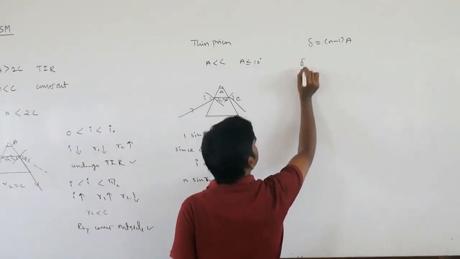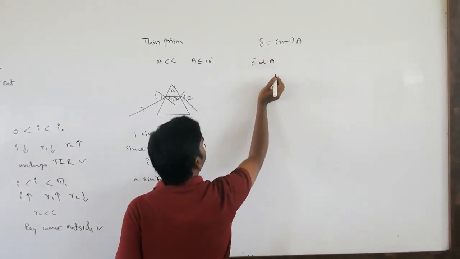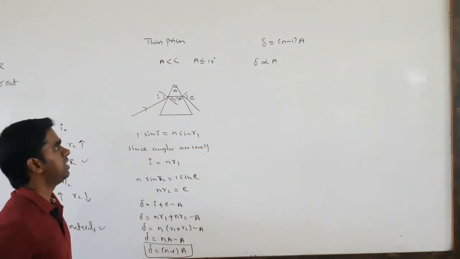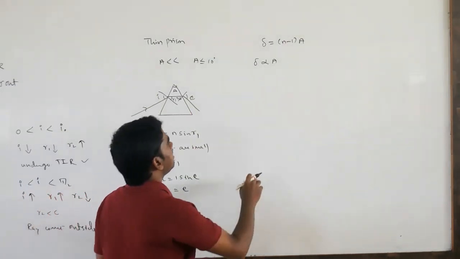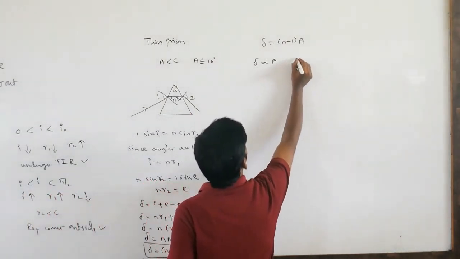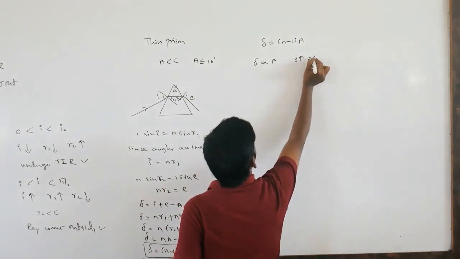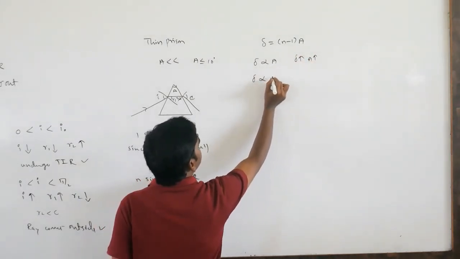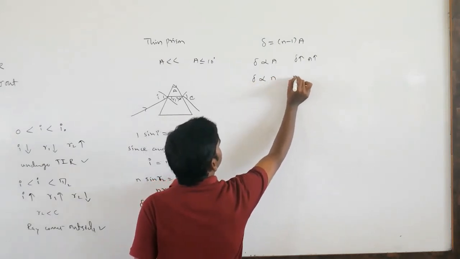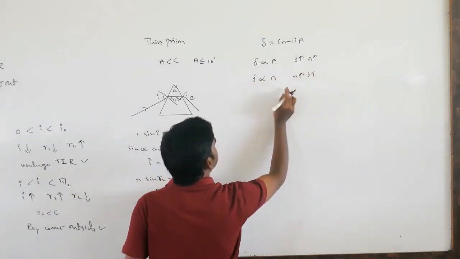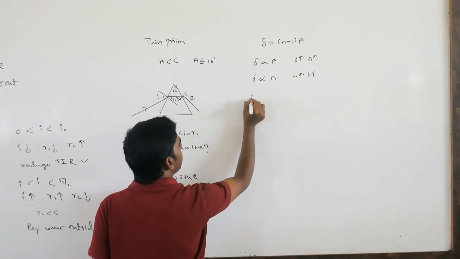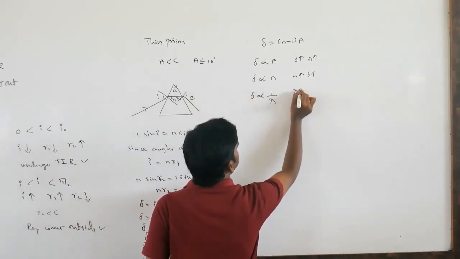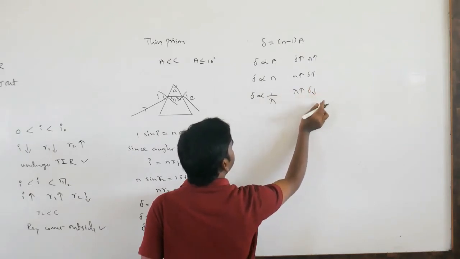That means delta depends on A. If the angle of prism increases, deviation increases; if the angle of prism decreases, deviation decreases. Similarly, delta is directly proportional to n. If n increases, delta increases. If it is directly proportional to n, delta is inversely proportional to lambda. As lambda increases, delta decreases.